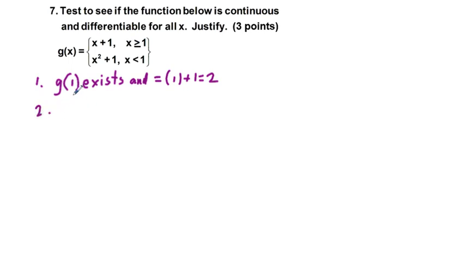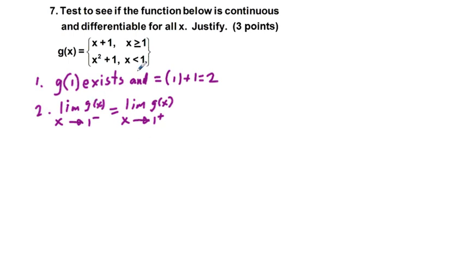We test that the limit exists. For the limit to exist, the limit as x approaches 1 from the left side of g of x has to equal the limit as x approaches 1 from the right side of g of x.